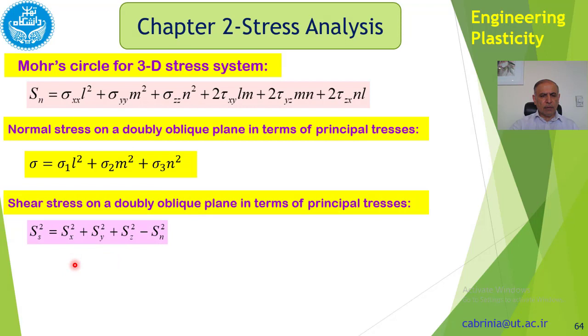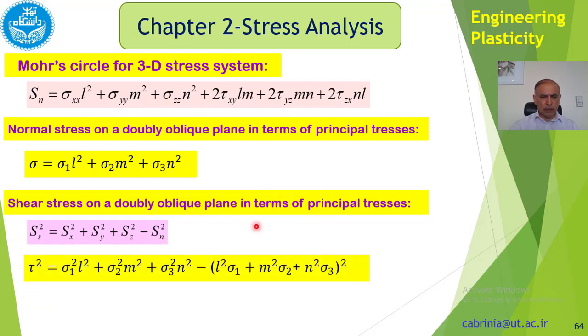Also, we have derived this shear stress component, which is that. So therefore we have these two equations. Of course, here I can write sigma instead of L squared sigma 1, M squared sigma 2, N squared sigma 3. So I will get tau squared plus sigma squared, because this is squared here.